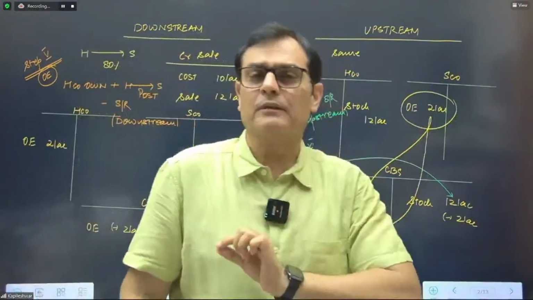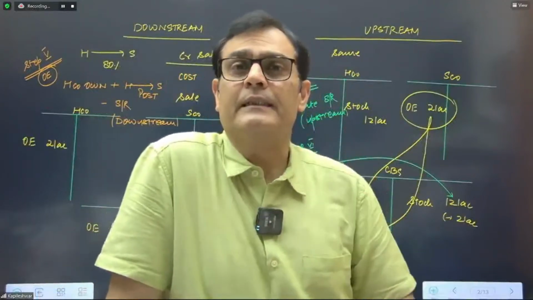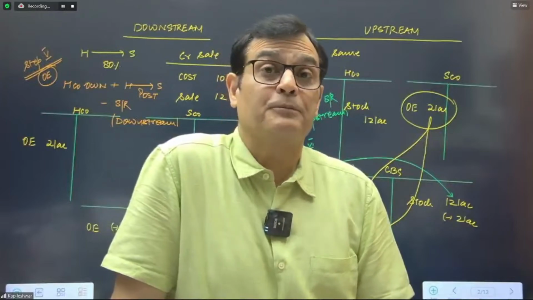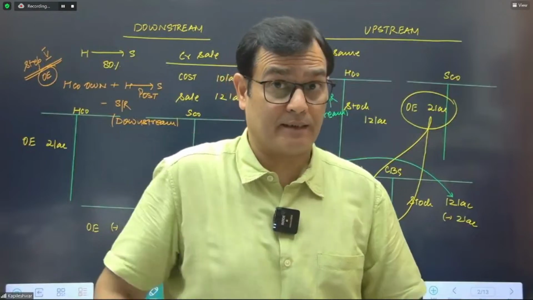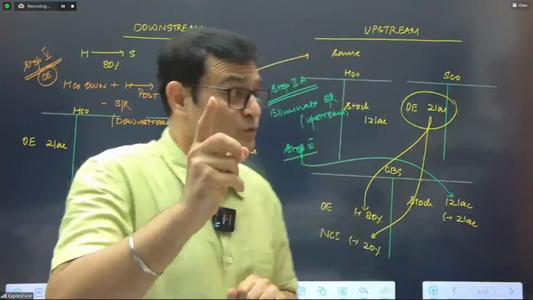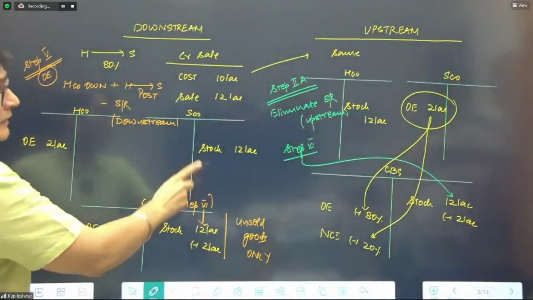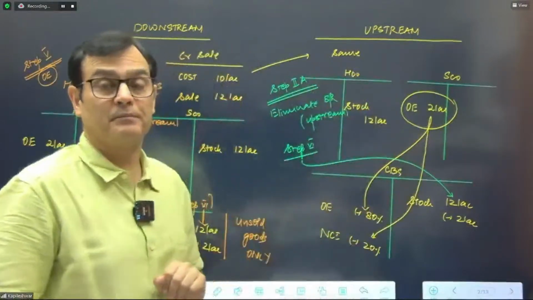So when you reach a question, you should be logically clear that if it is downstream, the impact is on step 5 and 6. But if it is upstream, the impact is on step number 2A and step 6. Get this clear. If it is downstream in nature, the impact is step 5 and step 6. If it is upstream in nature, the impact is step 2A and step number 6.